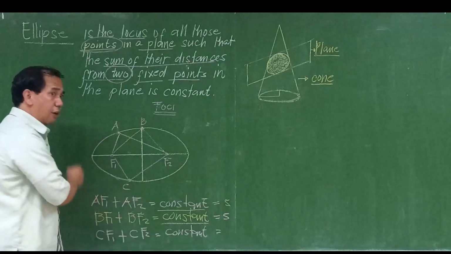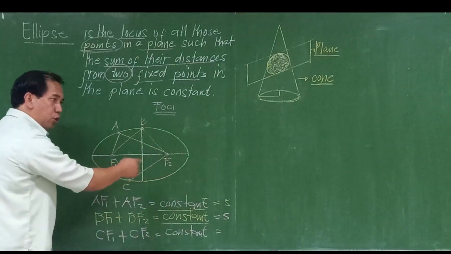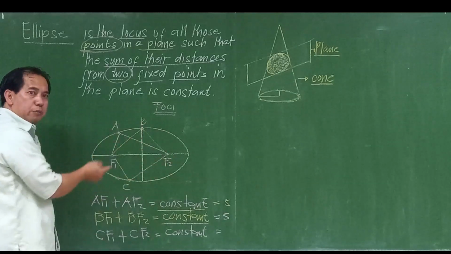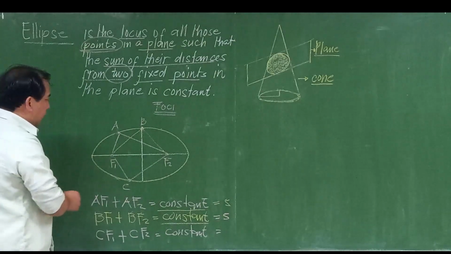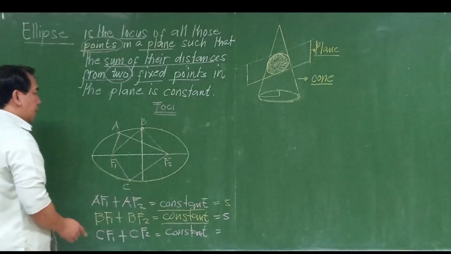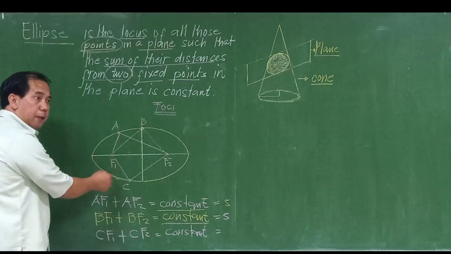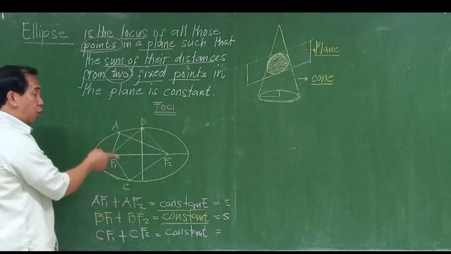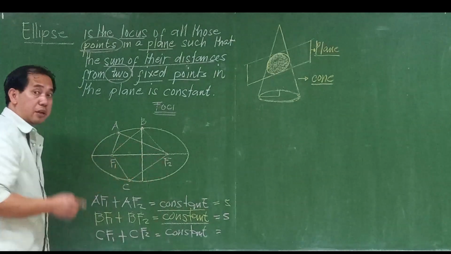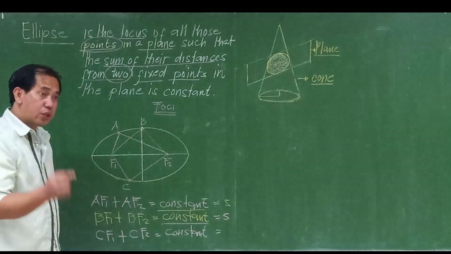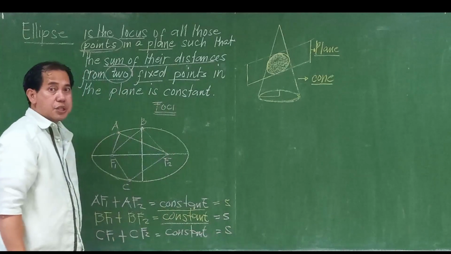Every time that we have any point, I do not know where you will locate it, if the point you located is connected to focus 1, plus the point you located connected to focus 2, still the result is constant. And how is that constant? It is still 5 units.